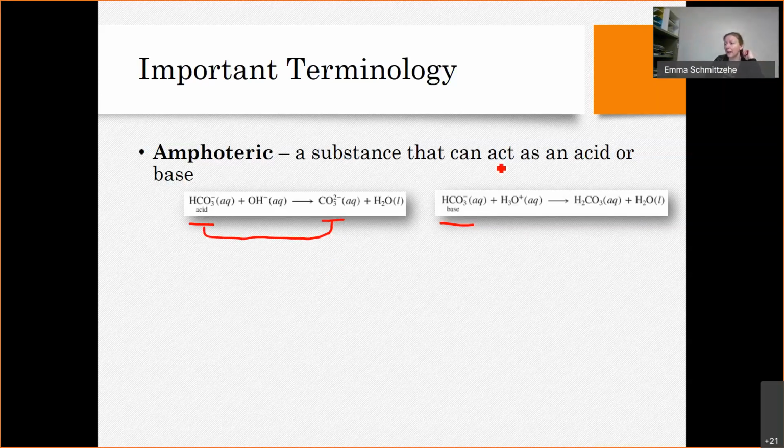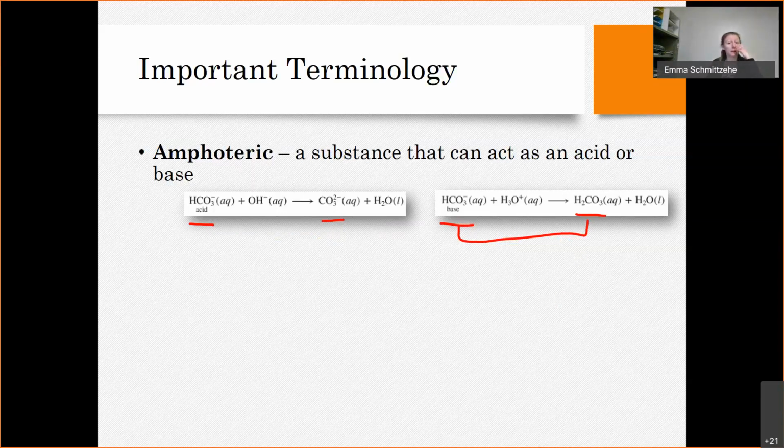In the second reaction, they've indicated it acts as a base, and that would mean it needs to pick up a proton, which it has the capability of doing because it has a negative charge. Anything that has a negative charge will naturally attract positive things to it. So if there's an H plus around, or something that's willing to give one up, it'll take it. In this case it goes from HCO3 minus to H2CO3.